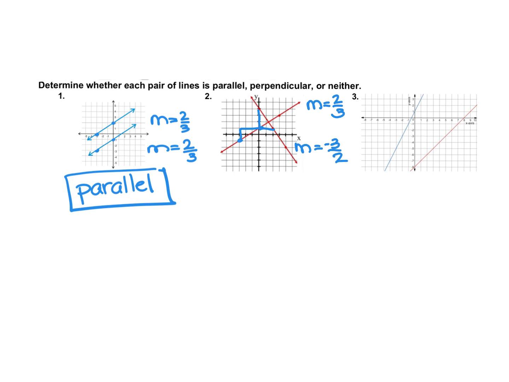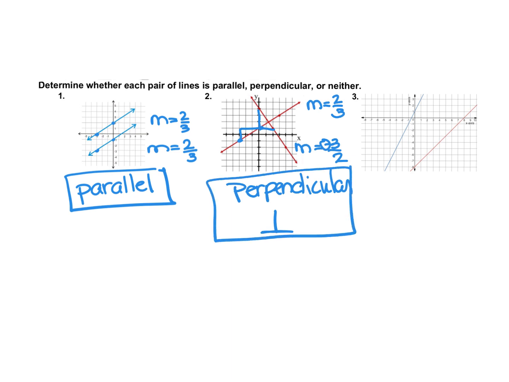Notice how the second line there is negative. So one's positive, one's negative. And then we have the reciprocal. The reciprocal of 2/3 is 3/2. So that makes these perpendicular. And for perpendicular, we could just draw this. That's a symbol for perpendicular.